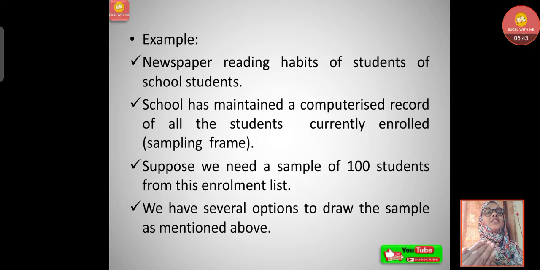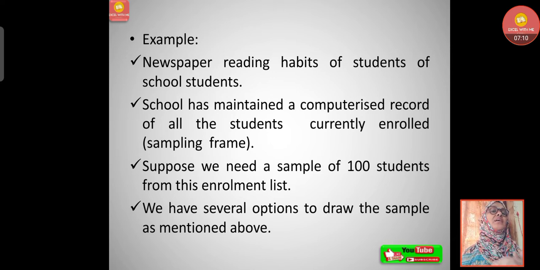If I take different examples, then it will become hard to understand. So here the same example: newspaper reading habits of school students. That school has maintained a computerized record of all the students correctly enrolled. That is a sampling frame. When you have the whole data in front of you, all the students enrolled.